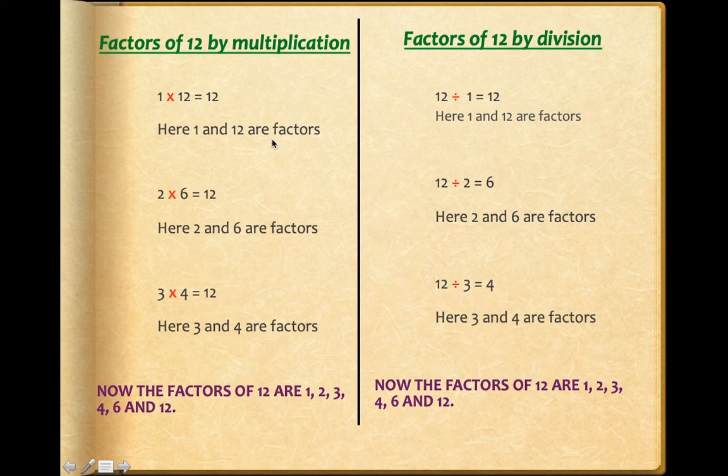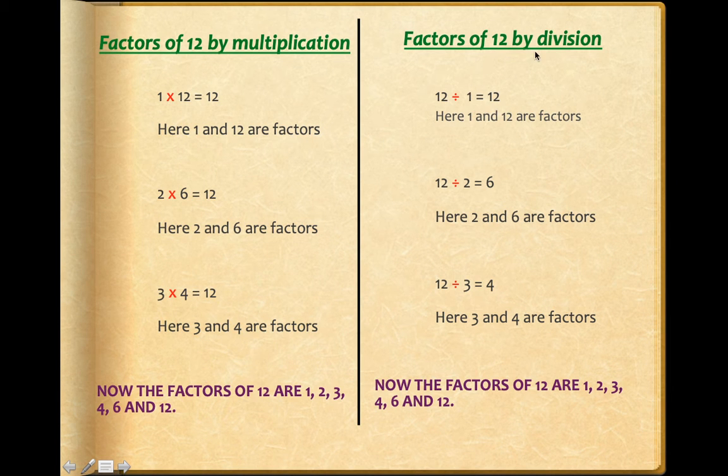Here 1 and 12 are the factors. 2 sixes are 12. Here 2 and 6 are factors. 3 fours are 12. Here 3 and 4 are factors. Now the factors of 12 by multiplication are 1, 2, 3, 4, 6 and 12.